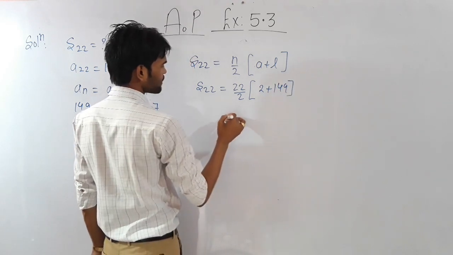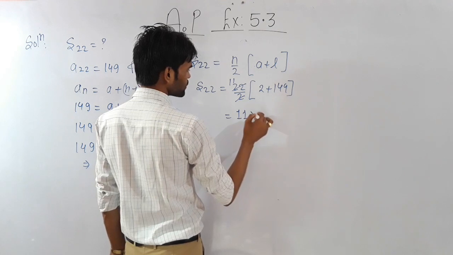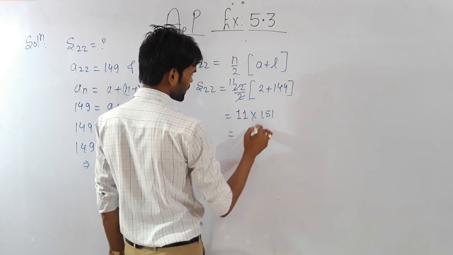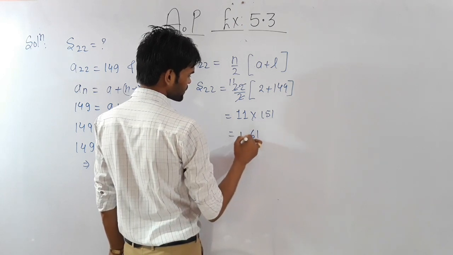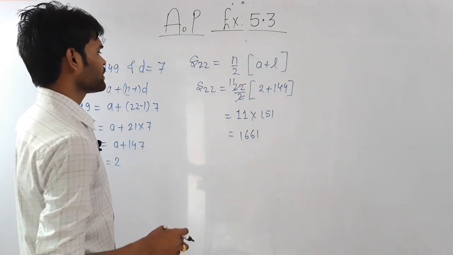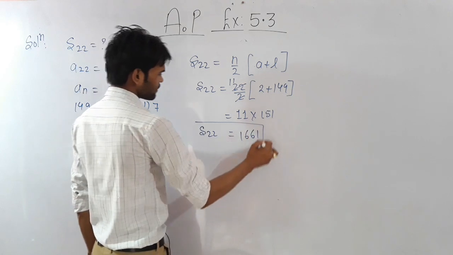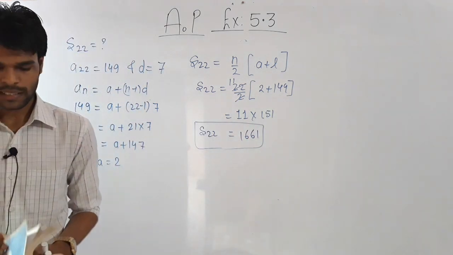Okay, so it will become 11 into 151. So it will become 1661. So sum of first 22 terms of the given AP will be 1661. Is that clear?